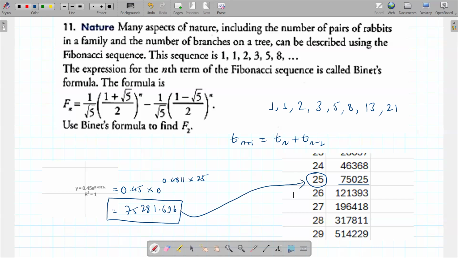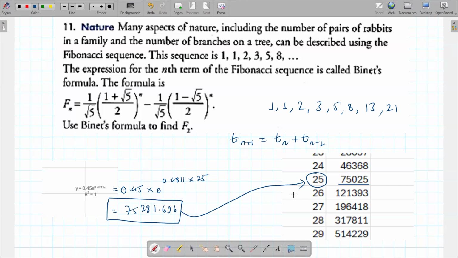What do you think about this result? Is it accurate? It's somewhat accurate. It's not precise, right? But it's within a couple of hundreds, which is not that bad. Why is it not perfectly the exact same number?